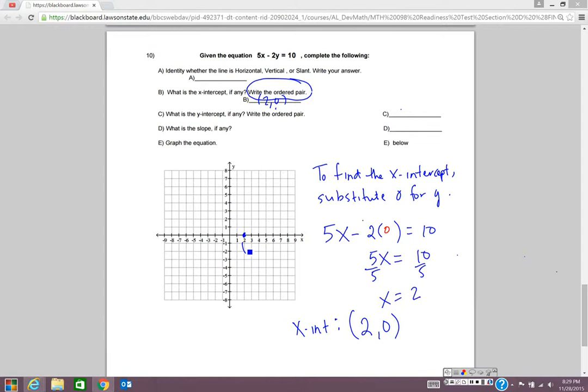Notice that it intercepts the x-axis. Now, to find the y-intercept, all we have to do is the opposite of what we just did. We're going to substitute a 0 in for x this time.